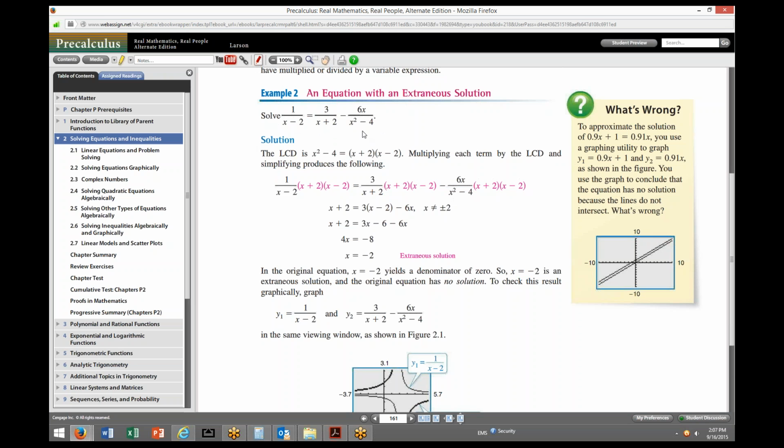So 6x over 0 is undefined, 3 over 0 is undefined. The irony of this, class, is that x is supposedly one of only 2 values out of an infinite number of possible values that x cannot be. Like I say, that's the irony, but it's the fact.